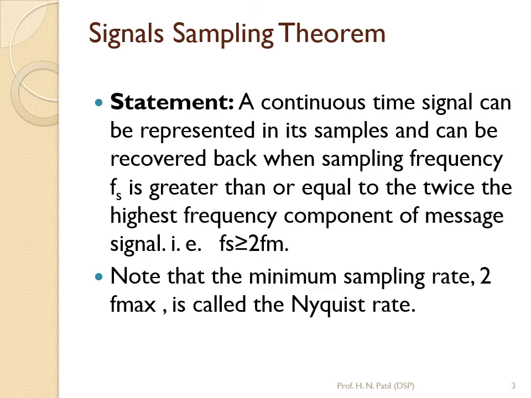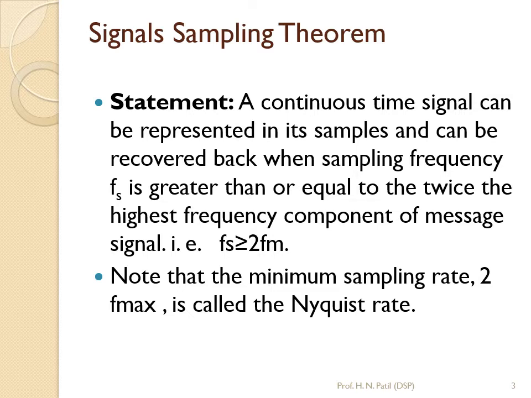The sampling theorem is stated as: a continuous time signal can be represented in its samples and can be recovered back when the sampling frequency fs is greater than or equal to twice the highest frequency component of the message signal.